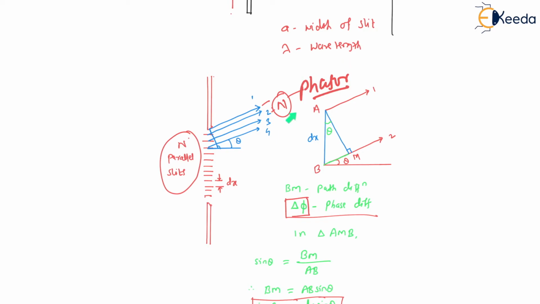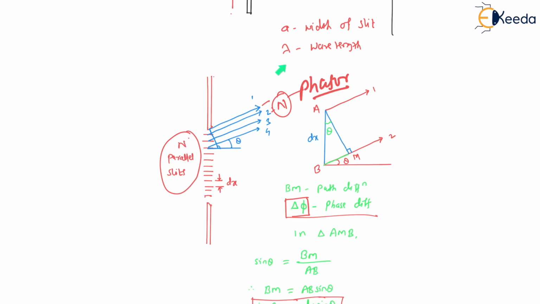So ultimately, as there will be n number of rays, there will be n phasors which have started from these n parallel slits. To find the resultant amplitude, we simply have to add all these n phasors. Why? Because all these n phasors have the same amplitude, the same frequency, and the same phase difference, delta phi.